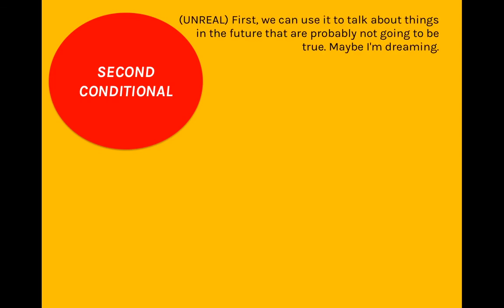Now, let's talk a little bit about the second conditional. The second conditional is one of the unreal conditionals. So first, we can use it to talk about things in the future that are probably not going to be true. Maybe I'm dreaming, possibly I'm fantasizing.